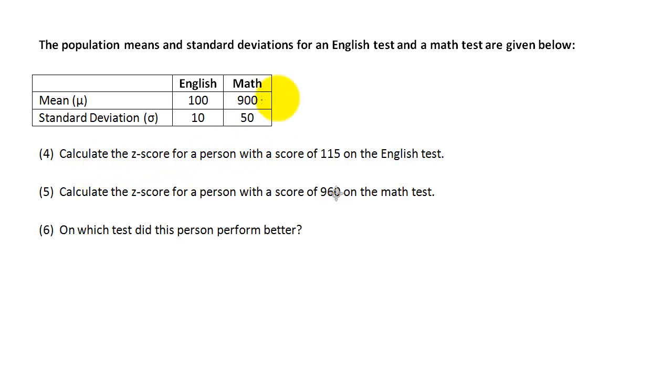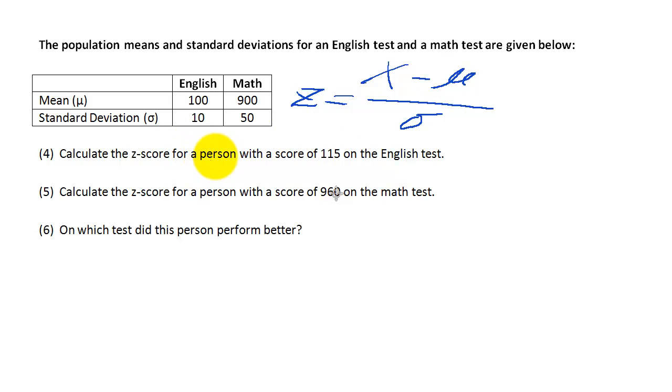Calculate z-score. Again, z-score is calculated like this, right? The value minus the population mean, divided by the population standard deviation.